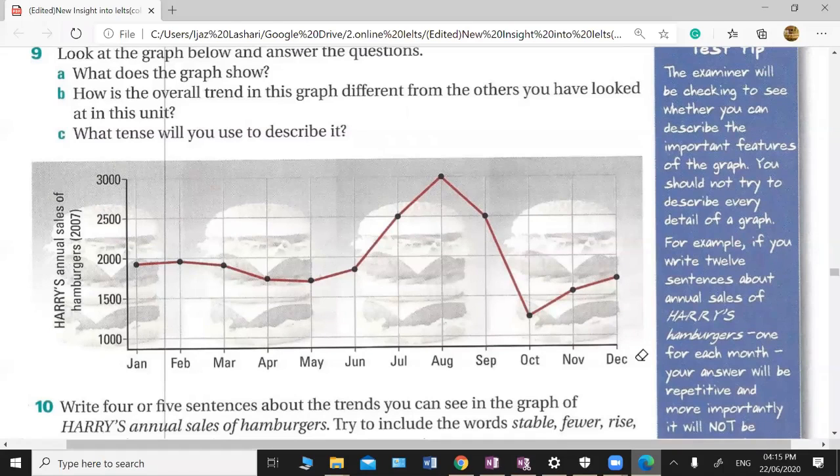Yes, sir. October is the month where it hits the lowest point, and then again it starts increasing. I think this is a business, and there's fluctuation in business. Ups and downs come here in the graph. We can see it clearly.